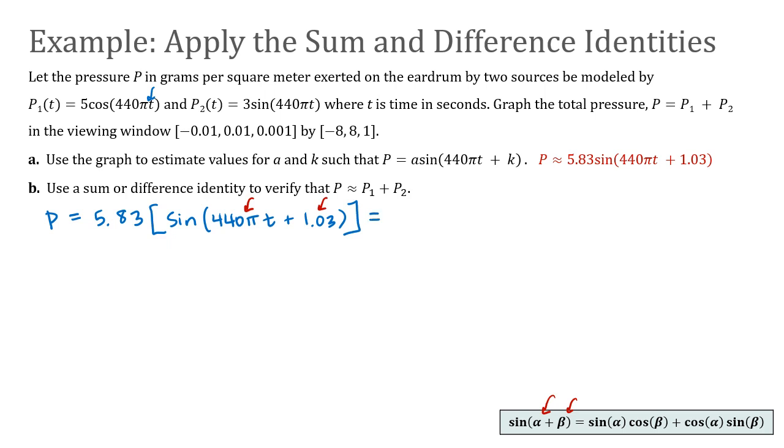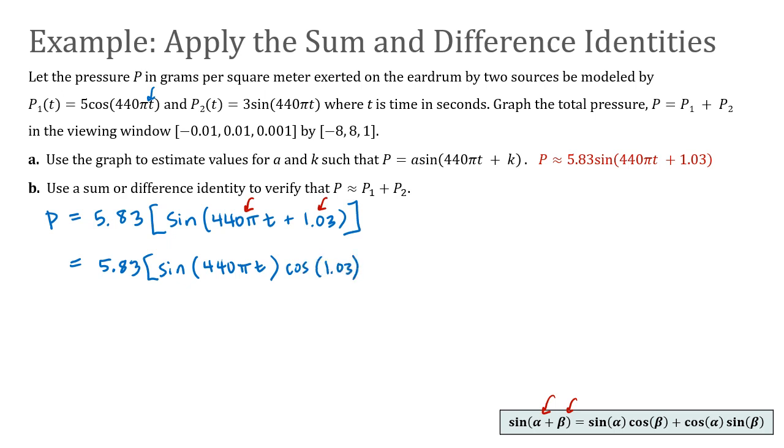Okay, so here's what this is going to work out to be. Let me move down below. This is going to equal 5.83 times the quantity, the sine of the first angle, which is 440 pi t, times the cosine of the second angle, so the cosine of 1.03.